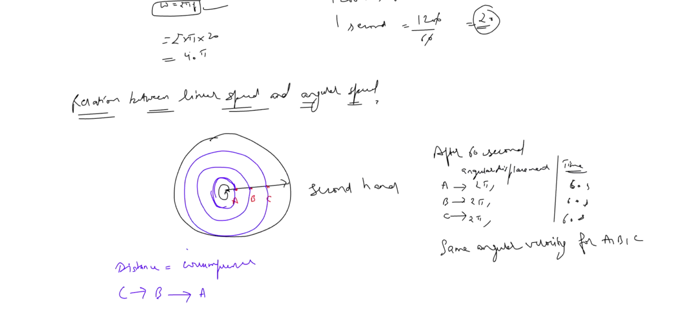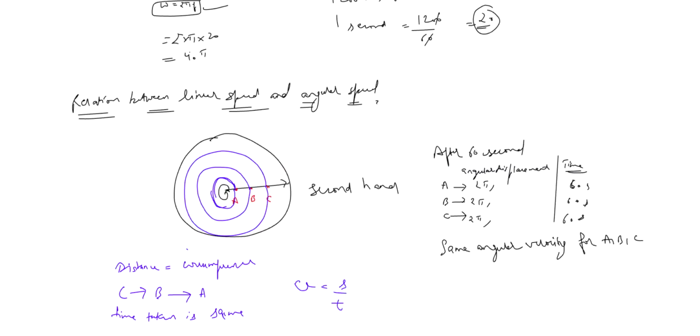Now, is the time taken the same or different? Time taken is the same. Okay. Now, how is it possible that the time taken is the same, but one has covered more distance and another has covered less distance? We know that speed is equal to distance by time, right?